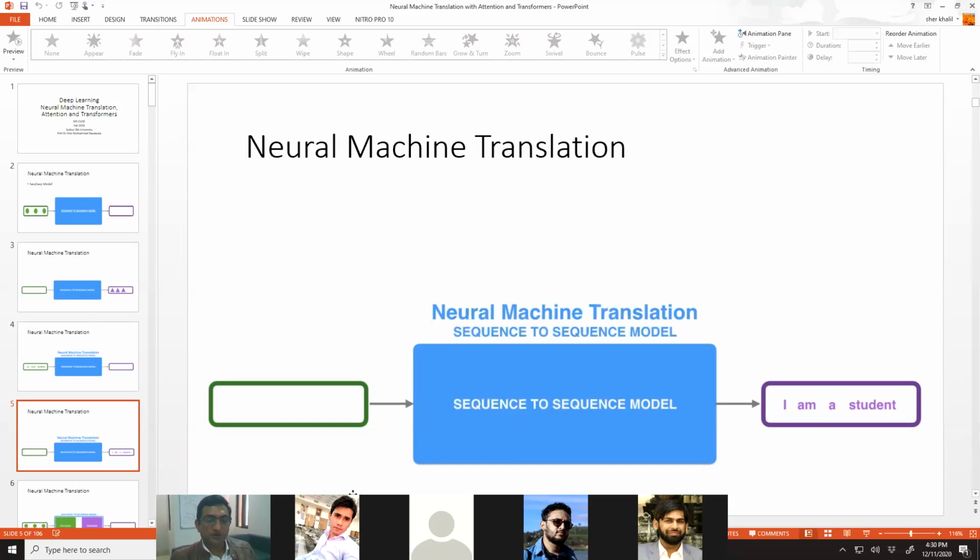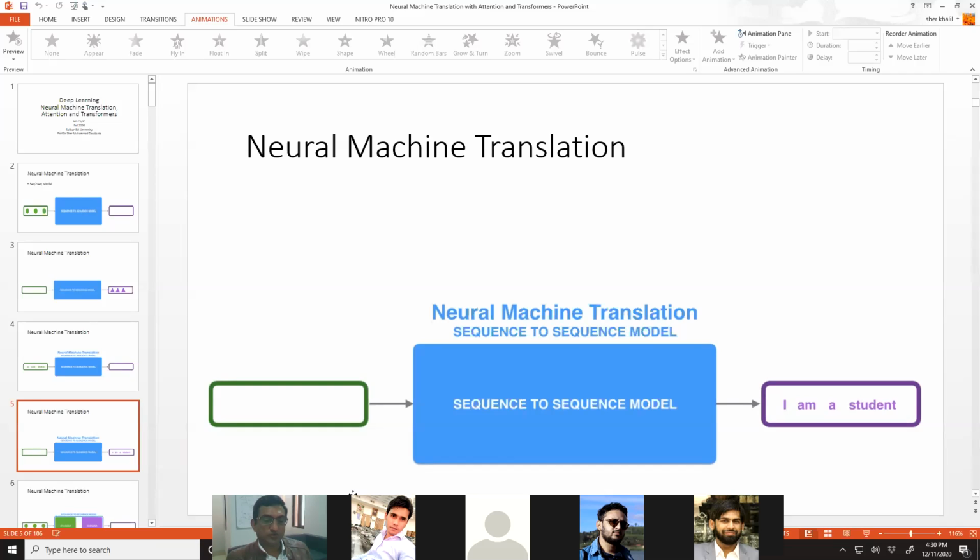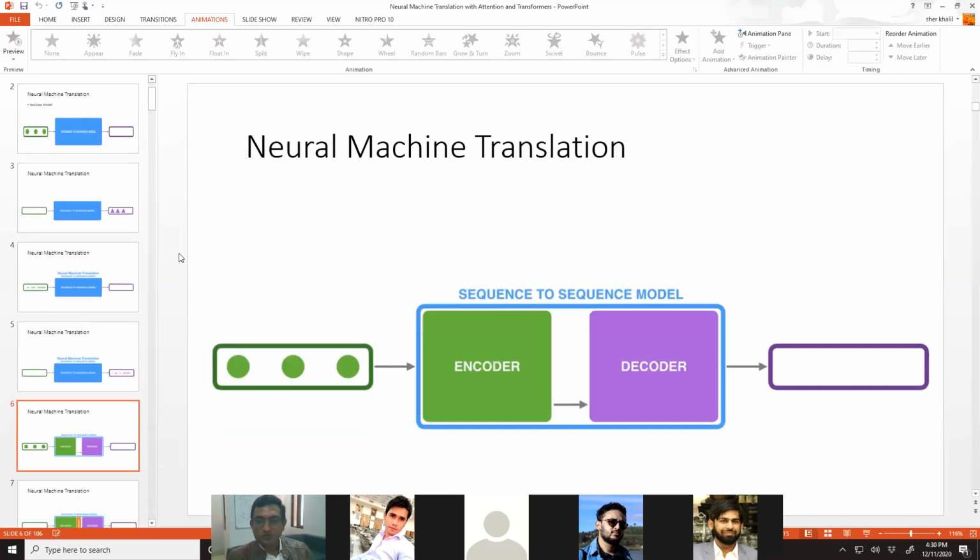Those can be done by using sequence to sequence modeling, by using neural machine translation, right? So believe me, when you unveil the sequence to sequence model, inside there is nothing but an encoder and decoder.